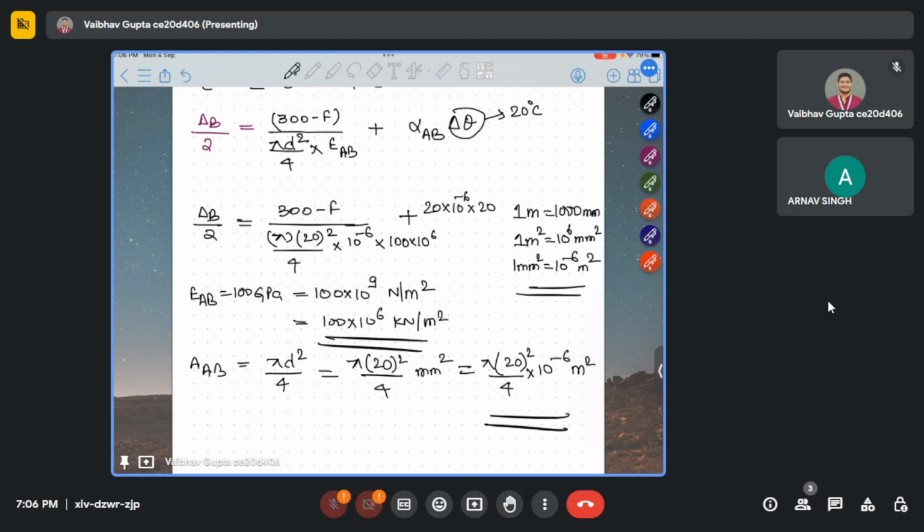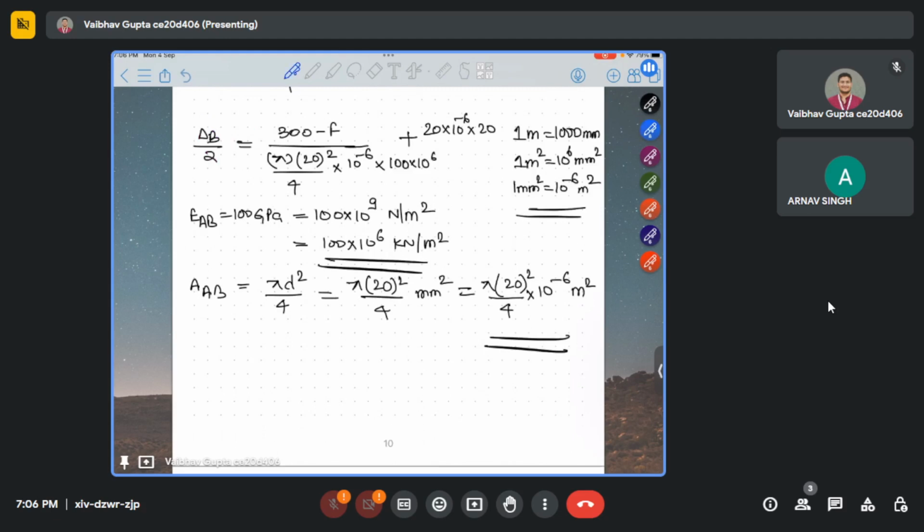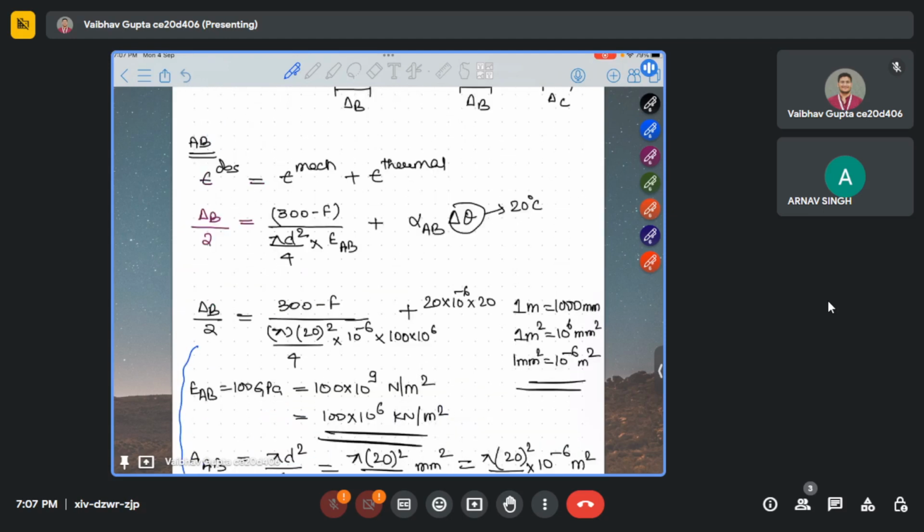Okay, so now this expression calculates delta B as 2 into 300 minus F upon, if I open the area, 314.159 into 100, plus 40 into 10 to the power minus 6. This is the first expression for the AB member. Okay, we did it for the AB member.